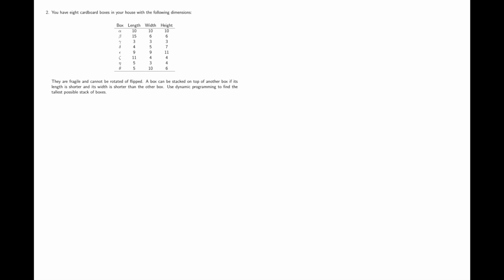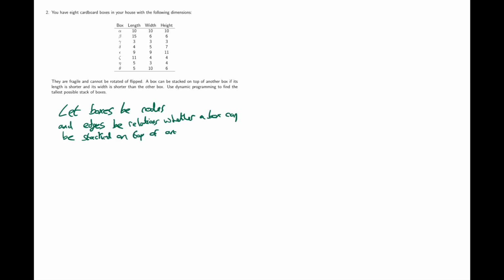So on our graph, we will let boxes be nodes and we'll let edges be relations whether a box can be stacked on top of another. So for example, if we have box A and box B, and there's an edge from A to B, then A can be stacked on top of B.